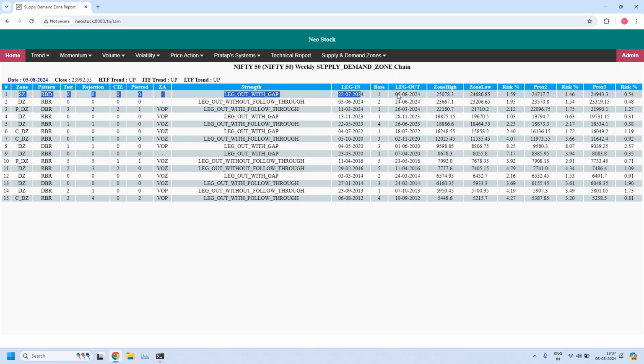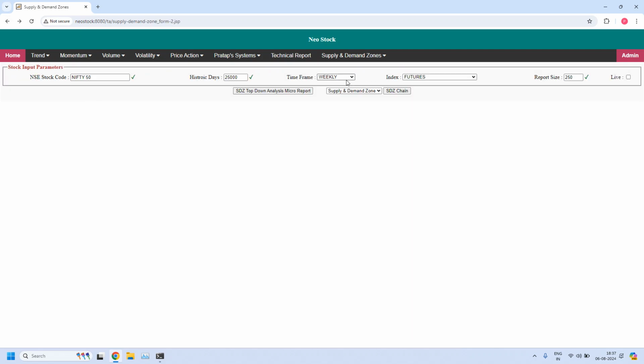This is only for reference purpose. It may change. The legout candle may change by Friday, or it may go further down and could be an even much stronger legout. Anything might happen. That's why until the completion of the week, you should treat this only as a reference. Okay, the next time frame is daily.